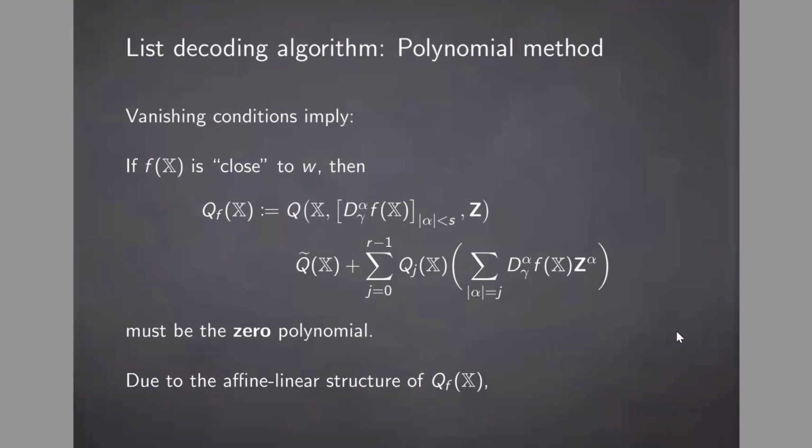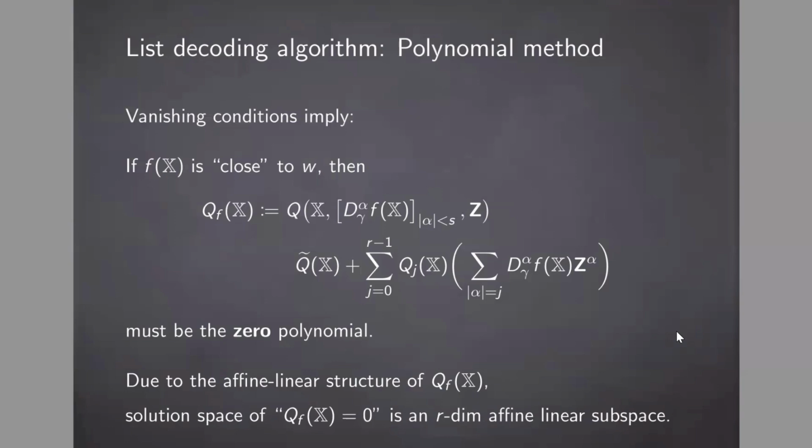Therefore, since this polynomial has an affine linear structure because of the linearity in the derivatives of f, we can solve the equation Qf of x equals 0 and obtain a solution space, which is really an r-dimensional affine linear subspace, where r is a parameter corresponding to the number of Qj's that we take in the structure of this polynomial.